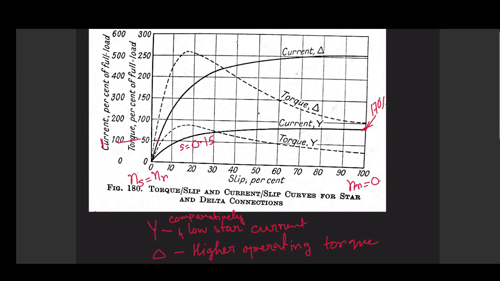star line current. So what would happen if you start in star, and then when your machine builds up speed, you allow it to switch to delta. So your torque in that case will be something like this.